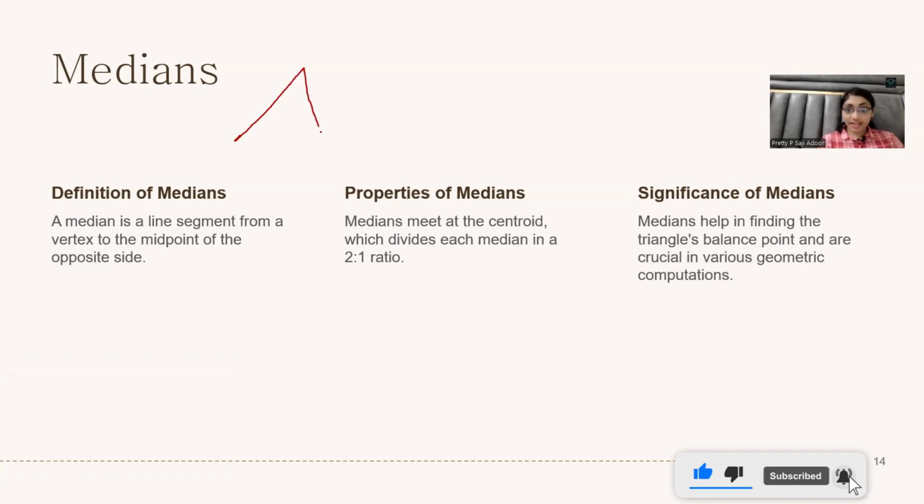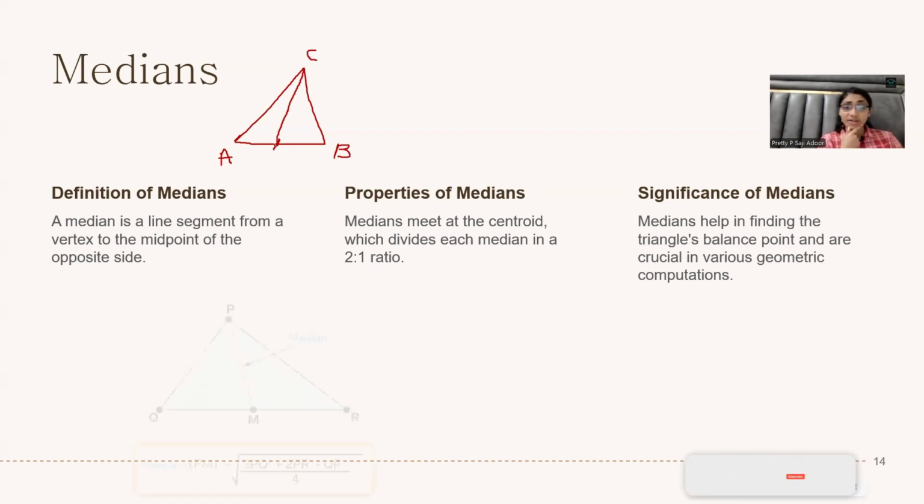If we draw a triangle like this and the base is AB, then it is the line segment from vertex C to the midpoint of AB. This line segment is called the median. And the medians meet at the centroid, which divides each median in a 2:1 ratio.